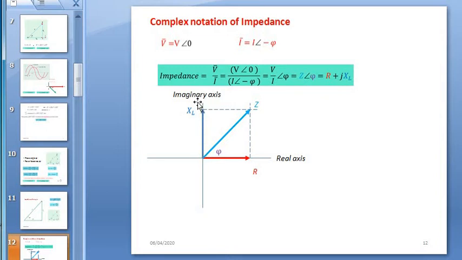For an inductive circuit, for the RL circuit, it will be in this particular direction. Right? From both of these parameters we are getting Z. This is the resultant of this R and this XL. Phi is the angle between these two. Okay.